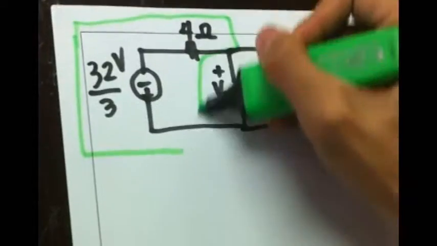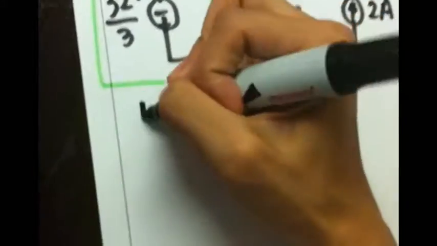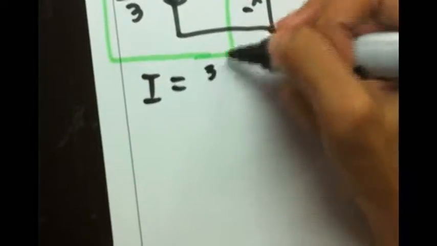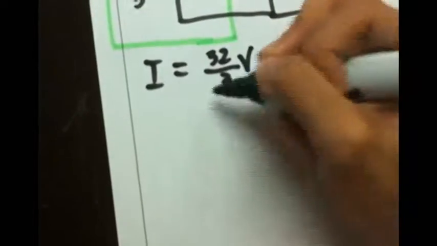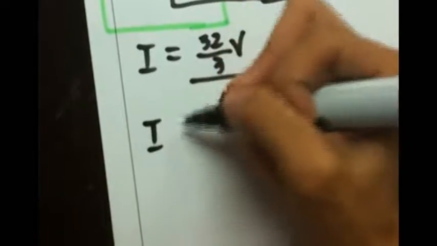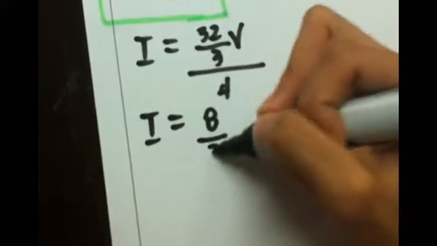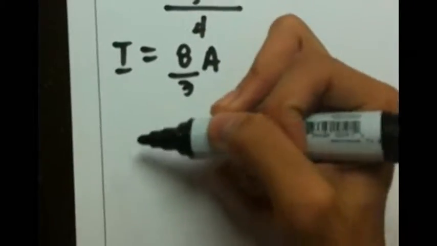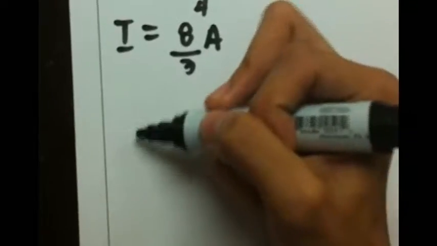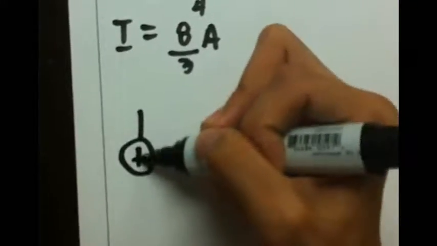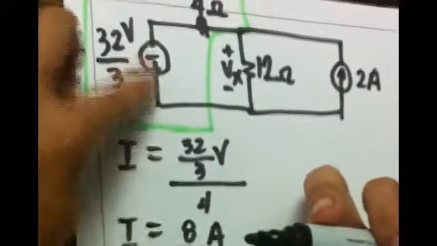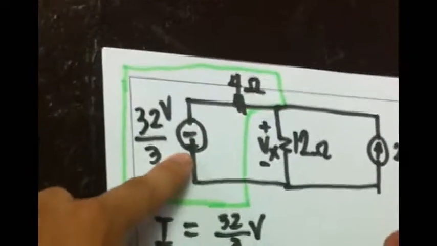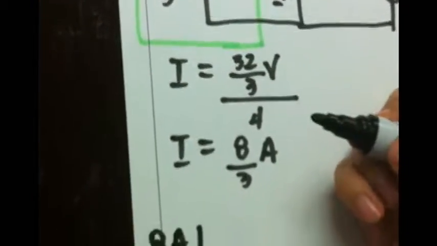applying again the source transformation here, we have I is equal to 32 over 3 volts divided by 4, and that is equal to 8 over 3 ampere. So redrawing the circuit again, since the polarity is positive, the current should be directed downward.